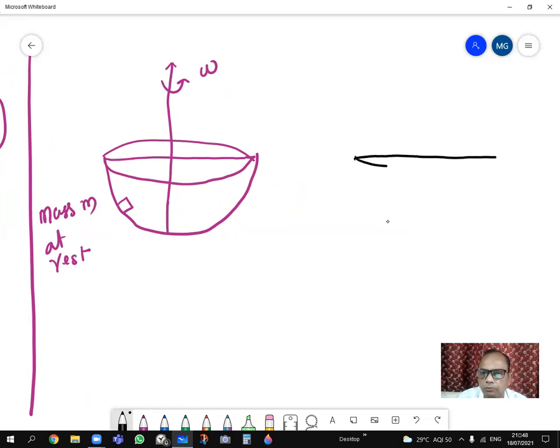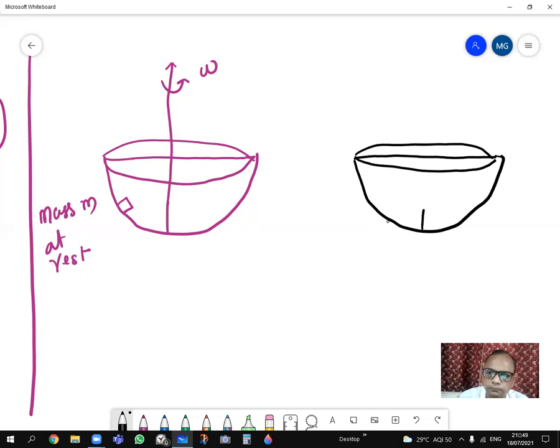So second problem, and then you feel the difference between two problems. In second problem, bowl is at rest and block is sliding. It's like this. This is at rest and this point mass is free to slide. Clear? If you draw the free body diagram, m is sliding.